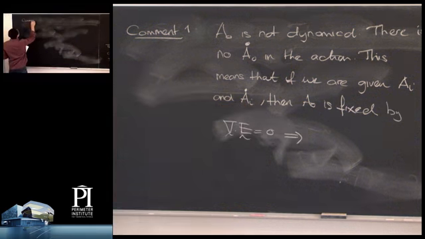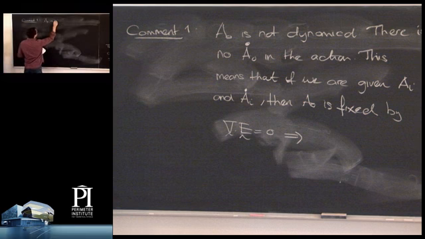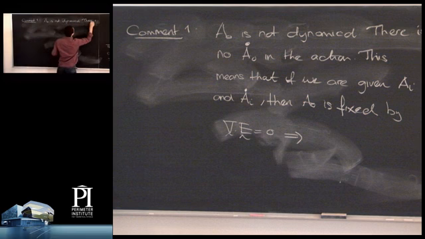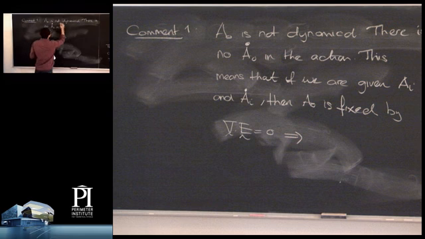So comment number 1 is that the field A0 is not dynamical. In particular, this means that there's no term which depends on A0 dot in the Lagrangian. Right?